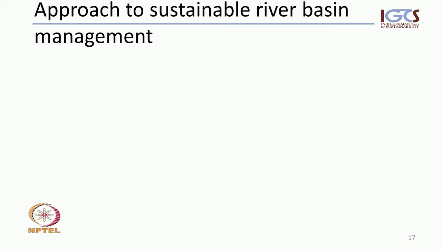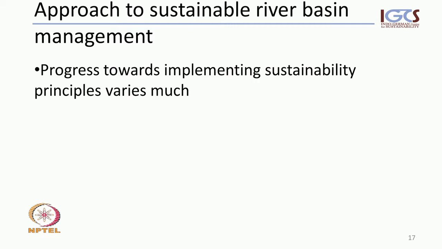Let's talk about approaches to sustainable river basin management. How can we actually implement it? What can we do? We have to acknowledge that we can choose ways of implementing sustainability principles in our river basins. We may move faster at some point, or take longer for other steps, or take some steps more seriously than others.